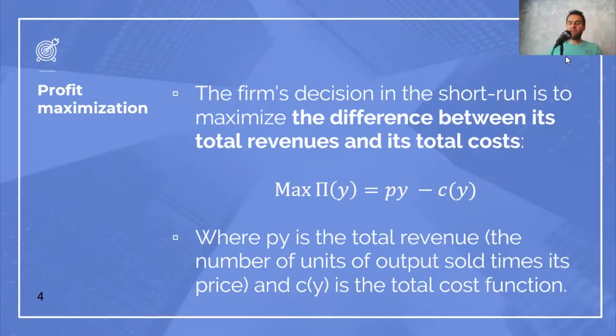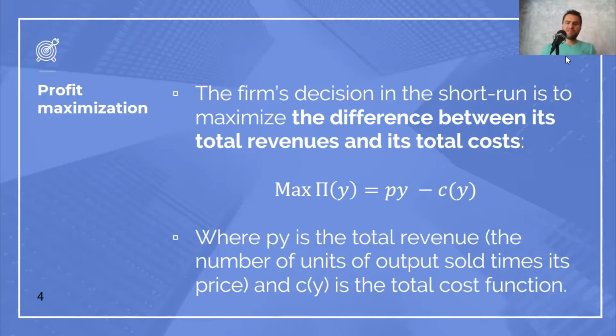So we briefly mentioned this equation or this function last class, and it's the idea of the profit maximization function. In economic textbooks, we use the capitalized Greek letter pi to symbolize profits. Profits depend on the particular production level, the output you produce, y, and they are composed of two things.